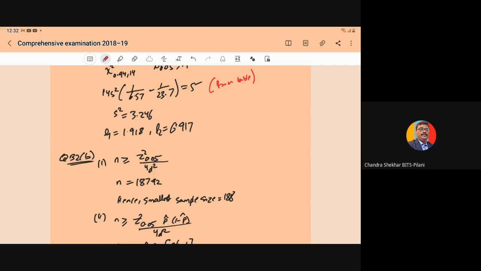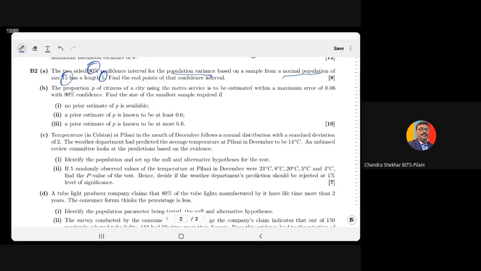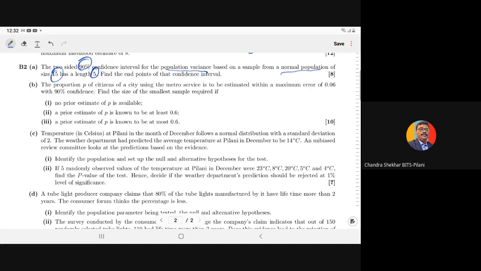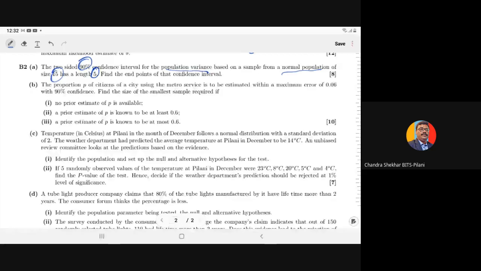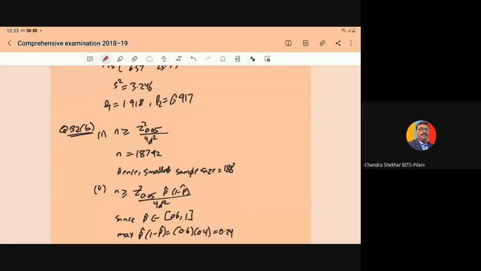So d is given to you as the maximum error, 0.06.